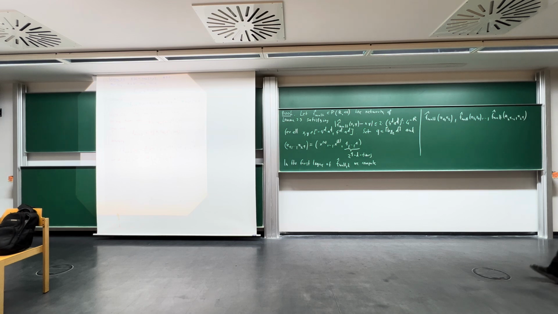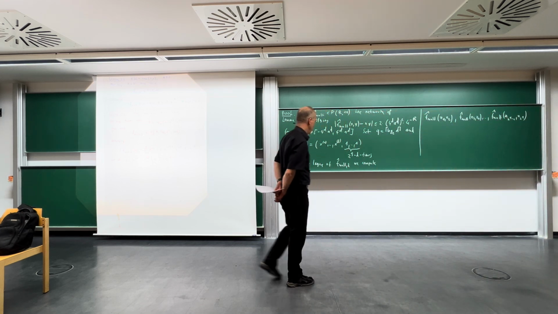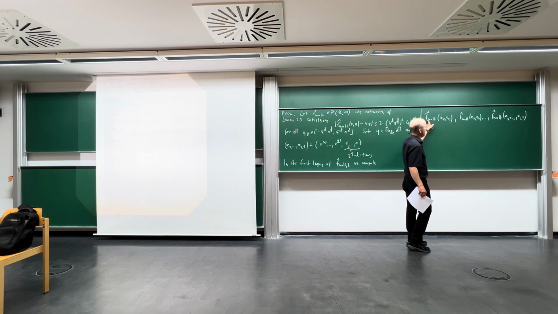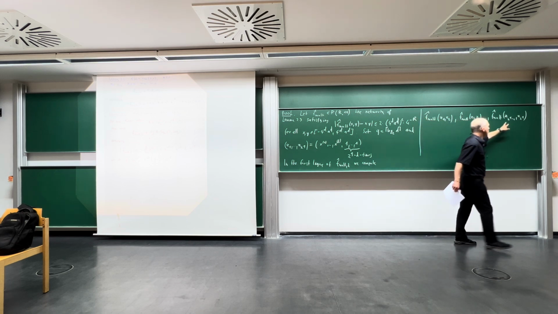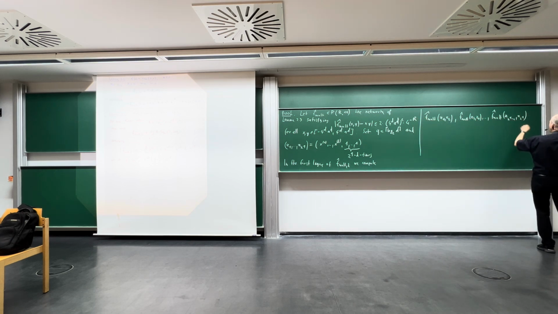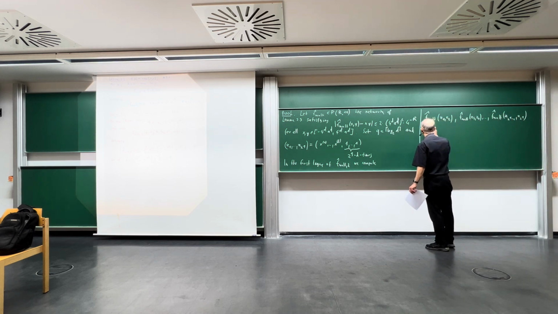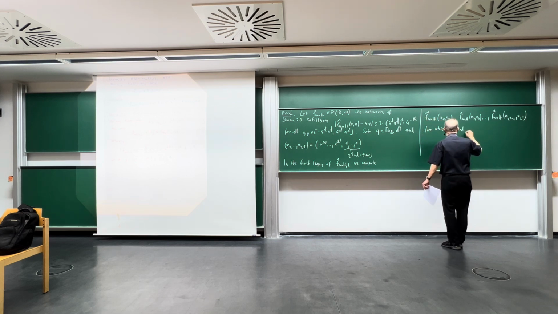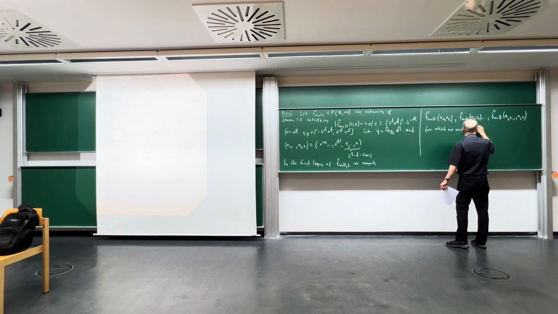Now how many neurons do I need for this? Well, these are 2 to the power q divided by 2 many times I apply a command. So I need 2 to the power q minus 1.